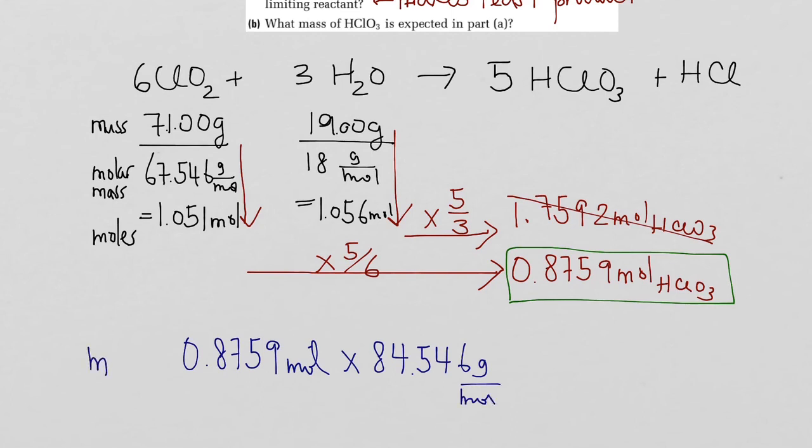And that is the mass of HClO3, or chloric acid, that you'll make. So that amount of moles is equal to 74.05 grams.